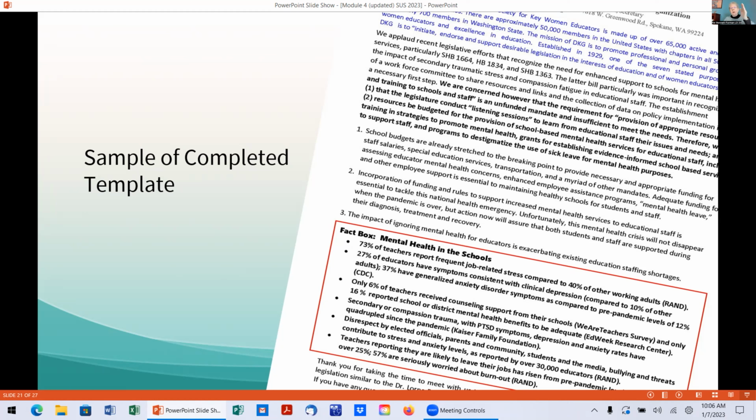But if you have it here in front of you, then you can type it into the box that the legislators are providing for you. The important thing is, what are those points that you want to make? What's your story, and what are the facts that support it, followed by your ask. Thank you, Cindy.